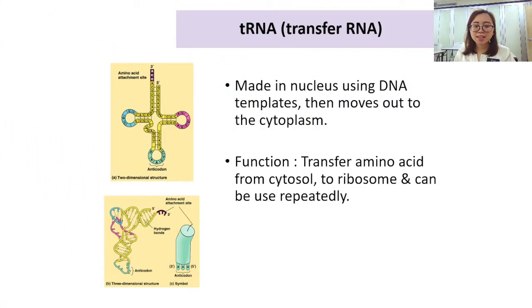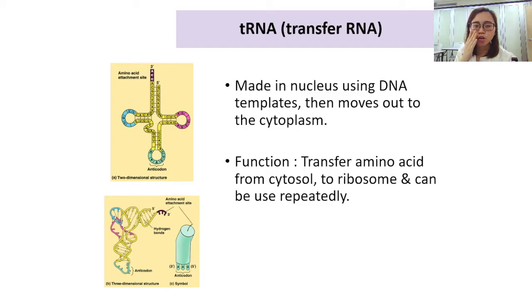Let us look at the other RNA involved, that is tRNA or transfer RNA. This is what tRNA looks like. It has what people usually describe as a hairpin shape, bentuk macam pin rambut. tRNA is made in the nucleus using DNA templates, and then when they are ready, they move out into the cytoplasm.